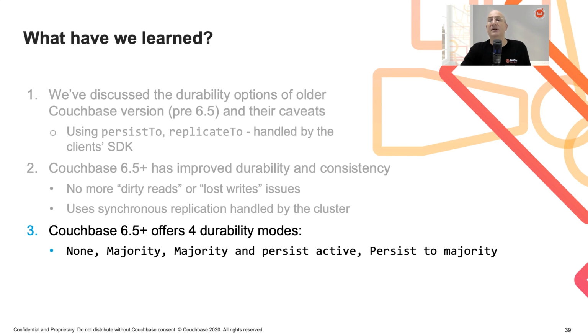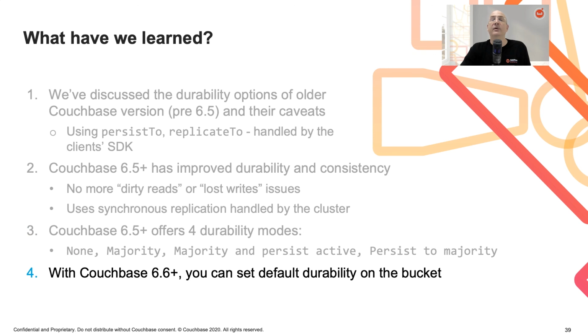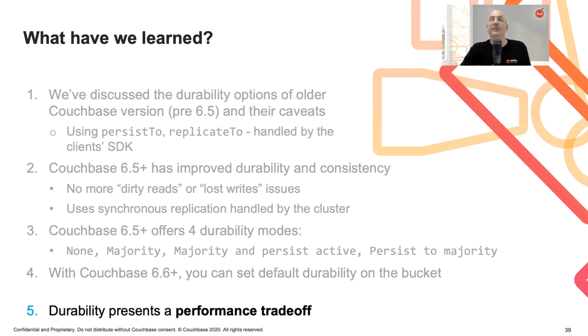We've also discussed the performance impact of using these modes. We've learned that with Couchbase 6.6, you can set a default durability level for each and every bucket. That level is selected in case you didn't use a specific durability level. That setting can also apply to ephemeral buckets.